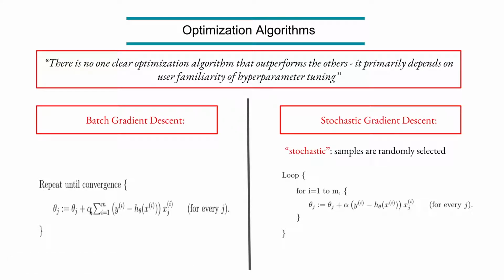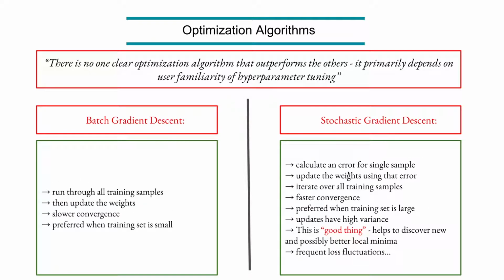And the other gradient-based optimization is stochastic gradient descent, which calculates an error for a single sample in a single iteration, calculates some loss, and directly updates the weights using this loss, then gets another sample and does the same for that one.